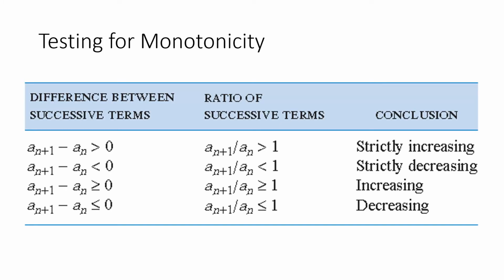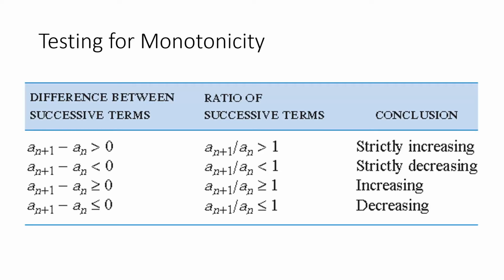If the difference of the successive terms is greater than 0, or the ratio of the successive terms is greater than 1, then that is strictly increasing. If the difference of the successive terms is less than 0, or the ratio is less than 1, then that's strictly decreasing.